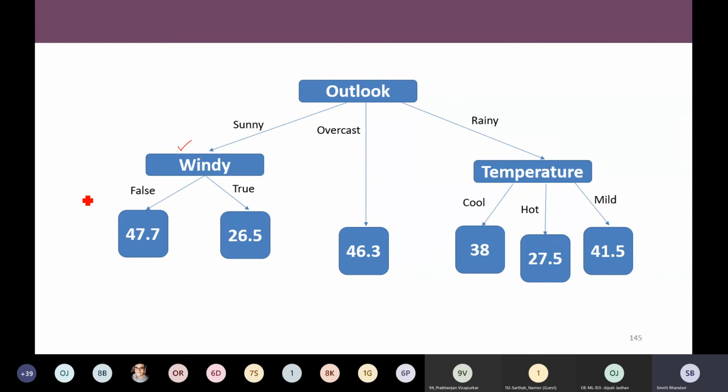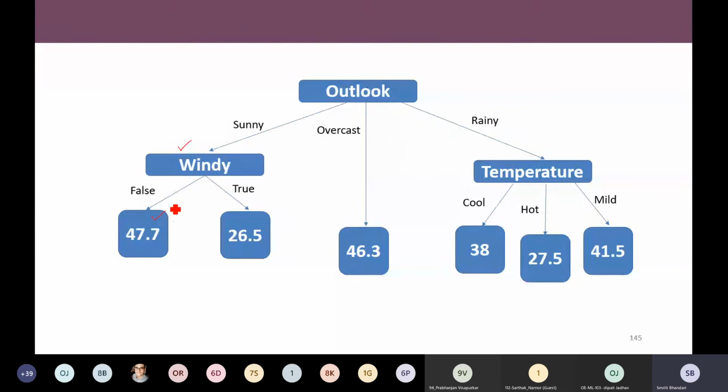In those subsets, once again we check the stopping criteria, and in both cases we reach the stopping criteria, and that is why we reach the leaves. In every leaf node, we represent the average values for the respective attribute values, false and true.